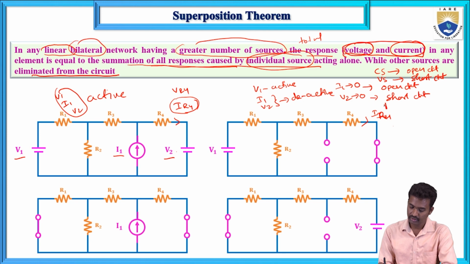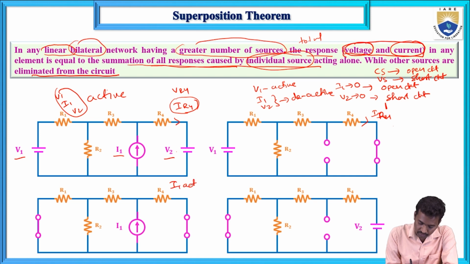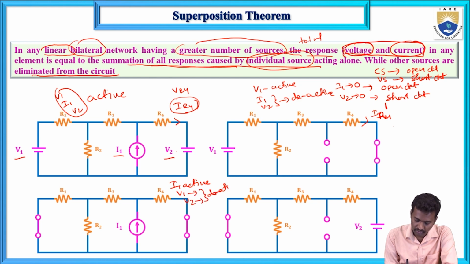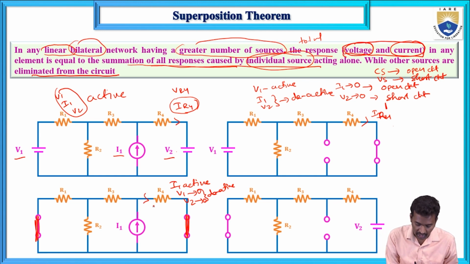In the same way, the current source I1 is active, and V1 and V2 are deactivated. These two voltages must be 0, so they are replaced by short circuits. Now calculate this IR4 double dash.